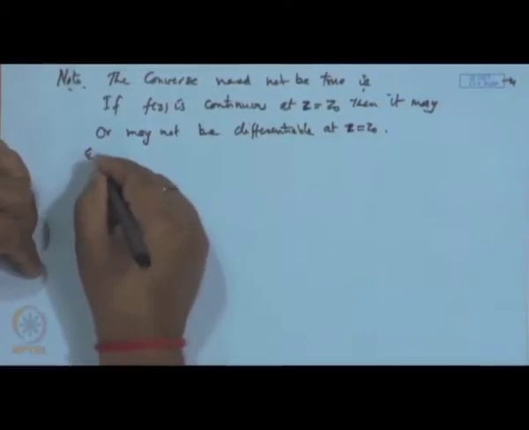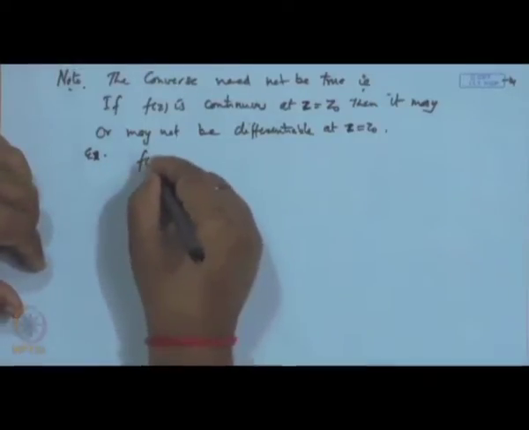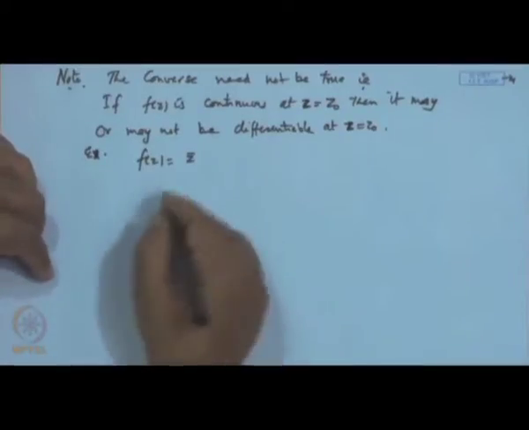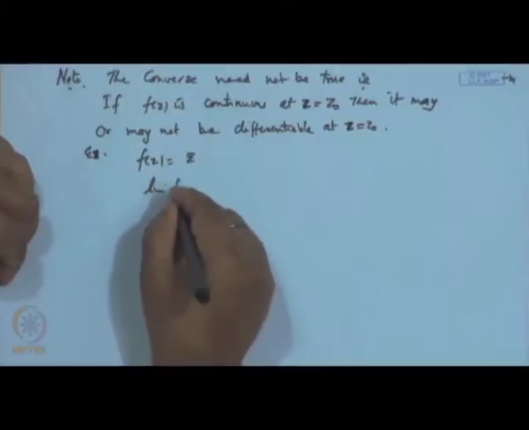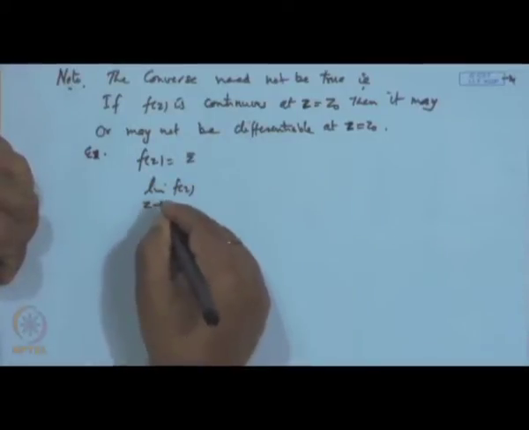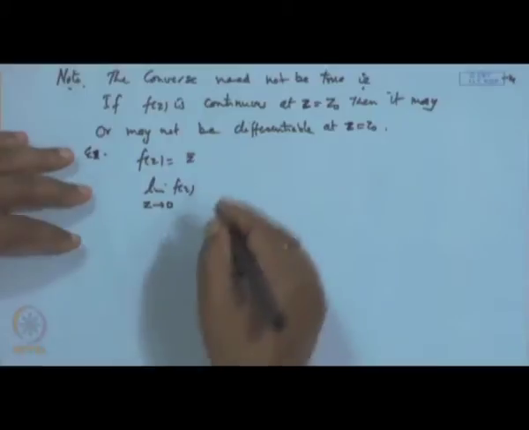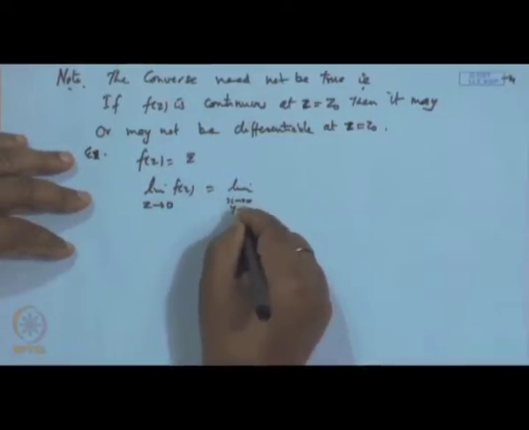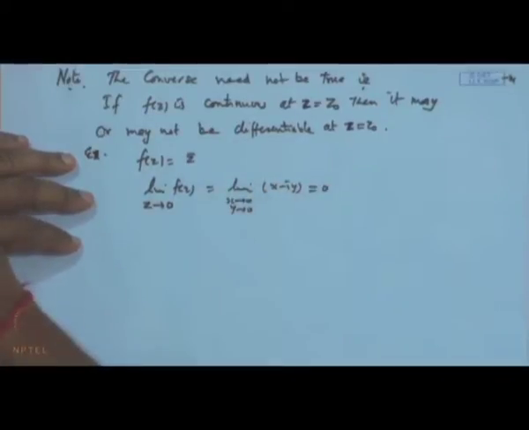For example, if we look at the function f(z) equal to z bar, then what is the limit of this function f(z) as z tends to 0? The limit as x tends to 0, y tends to 0, of z bar, meaning x minus i y, is 0.